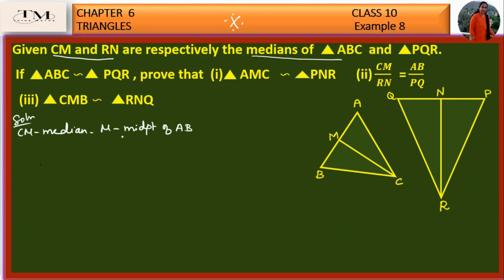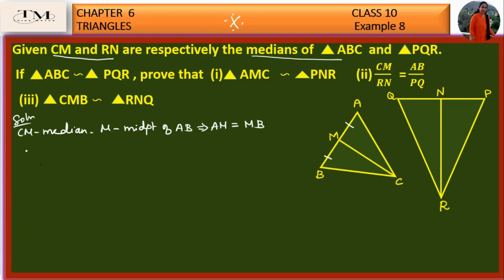So if M is the midpoint, M divides AB into two equal halves. So this AM length and MB length will be equal. That is, this implies AM will be equal to MB.